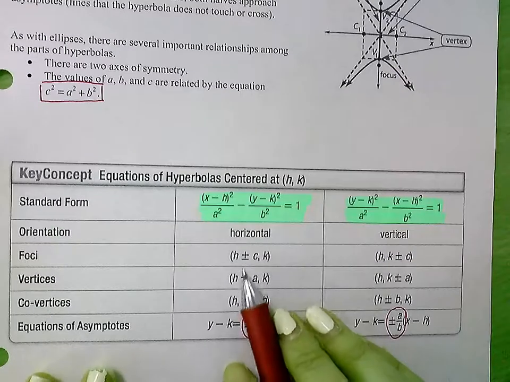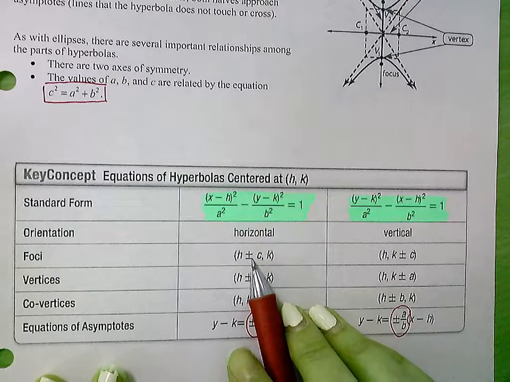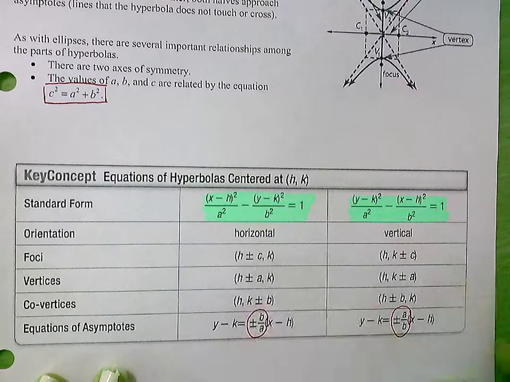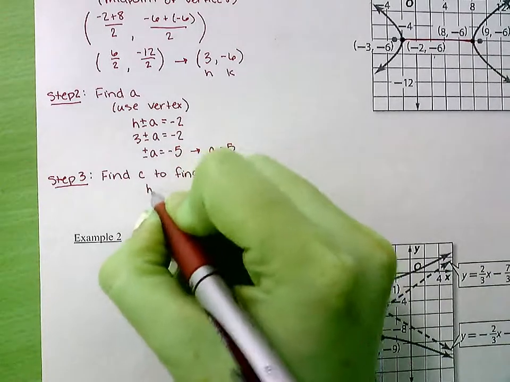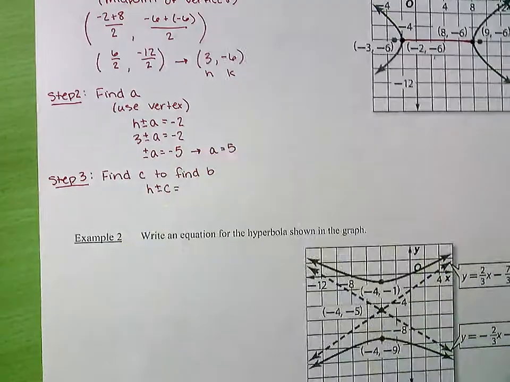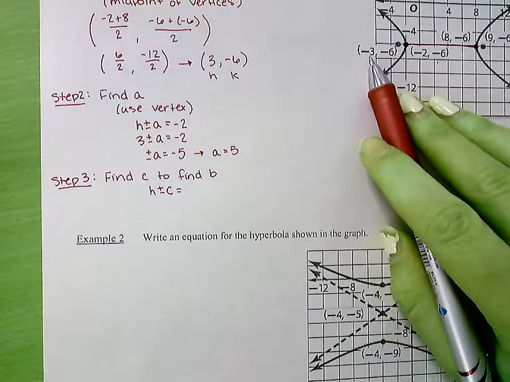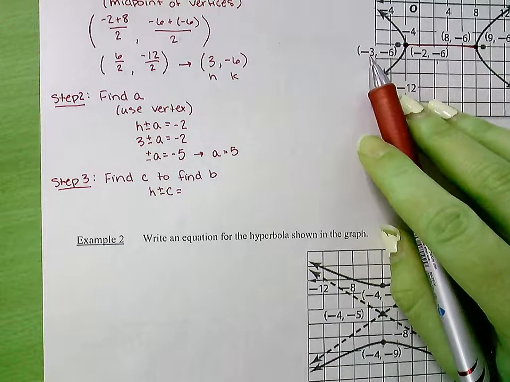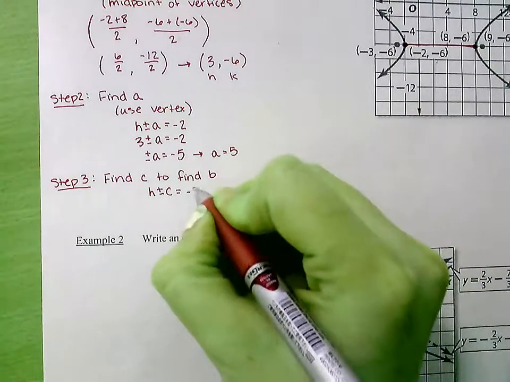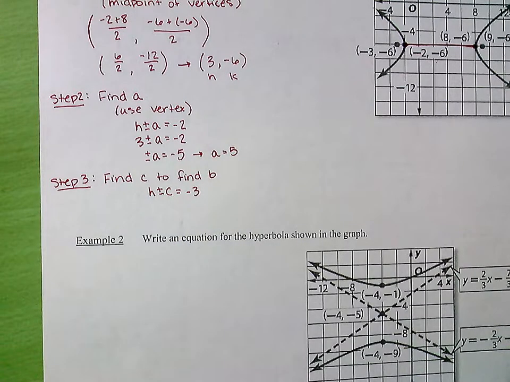So to find our foci points, we're going to take h plus or minus c. So I have h plus or minus c is equal to my x value for my focus point there, so negative 3.